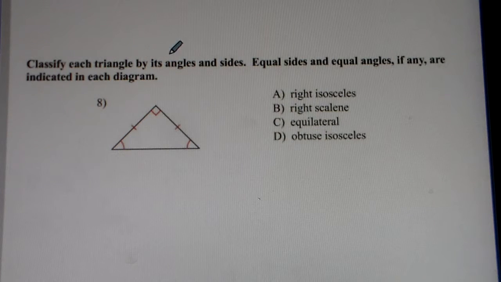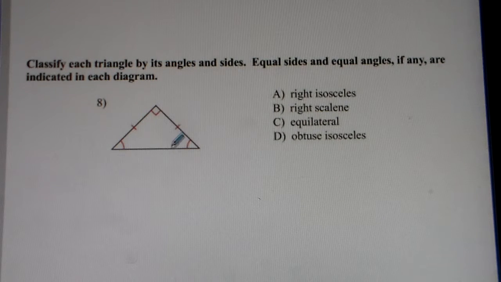Classify each triangle by its angles and sides. Equal sides and equal angles, if any, are indicated in each diagram. So look at the diagram here. This little marking and this little marking means that those 2 side lengths are the same. This little line and this one line indicates that these 2 angles are the same. And that little box is a 90-degree angle box.